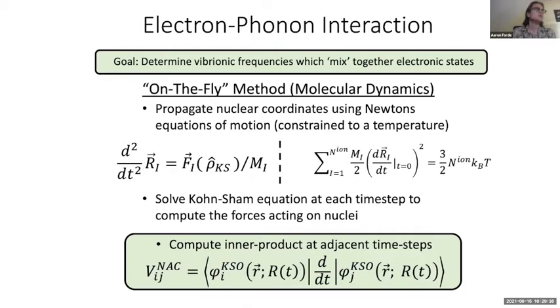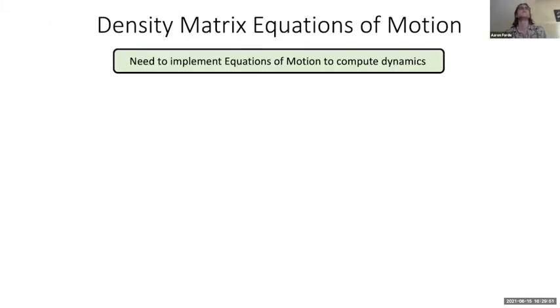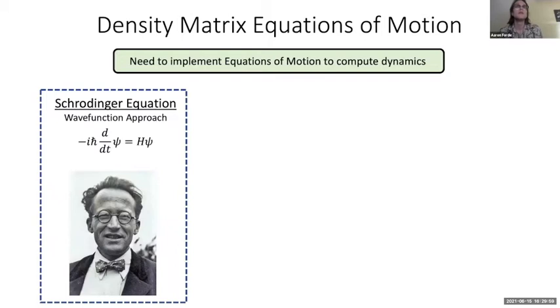And so then to implement excited state dynamics, we take these non-adiabatic couplings and process them into state-to-state transition rates in Redfield dynamics. So I'll mention, just for a brief overview, to do dynamics, we need equations of motion.